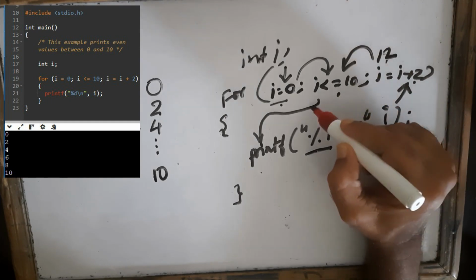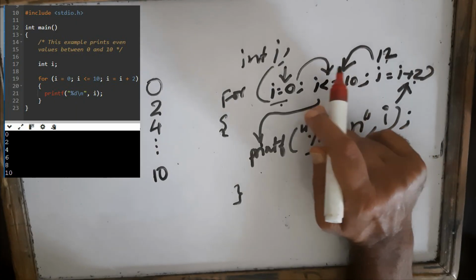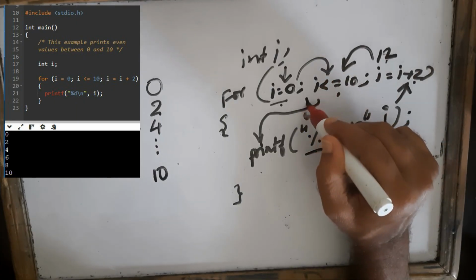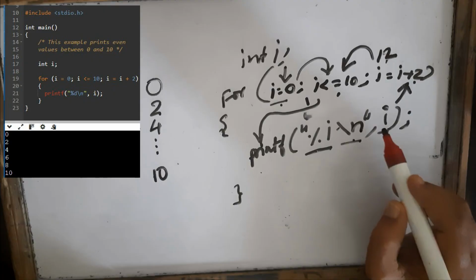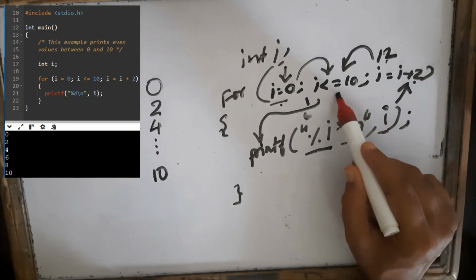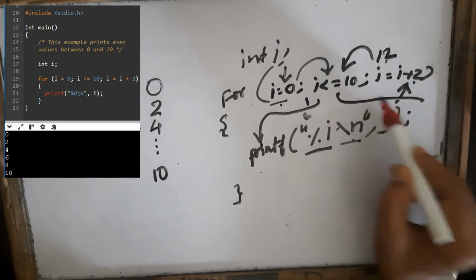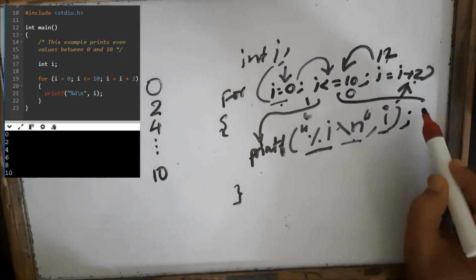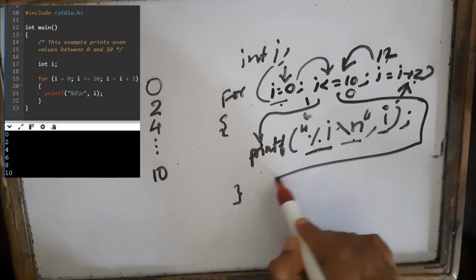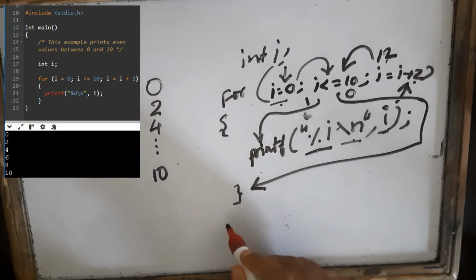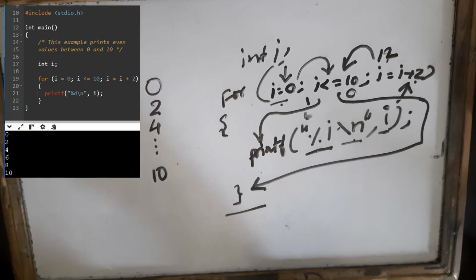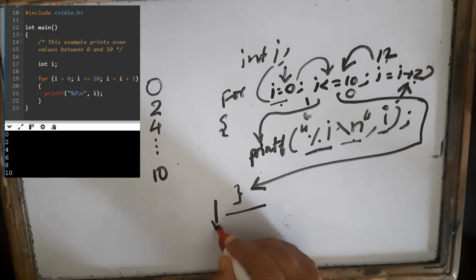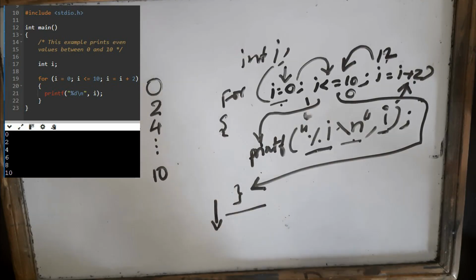Whenever the condition returns true, it continues to the print statement. Once it fails and returns 0, the controller goes to the end of the for loop.